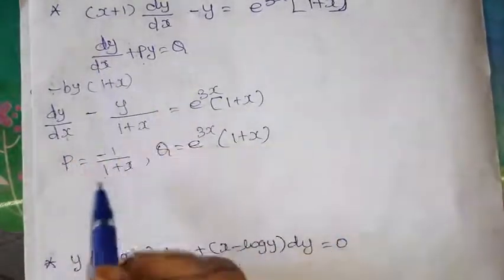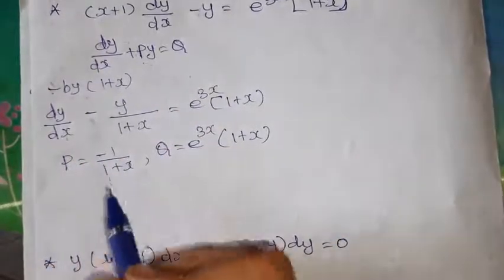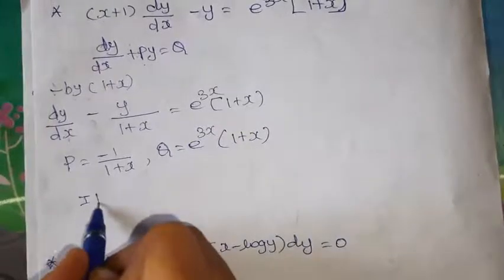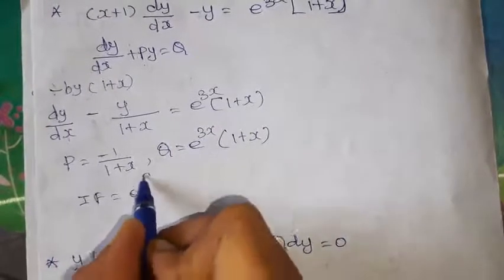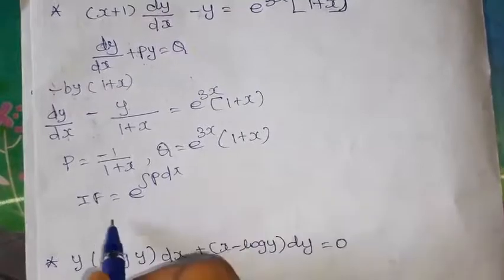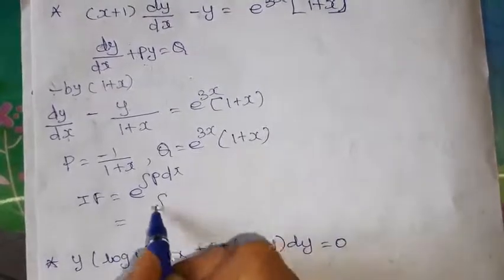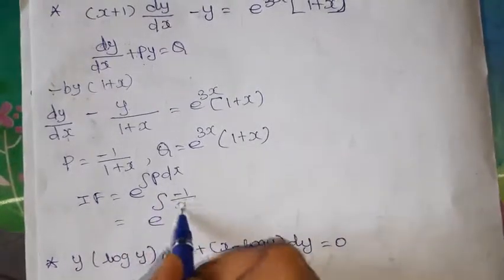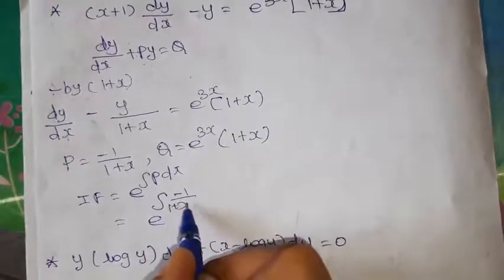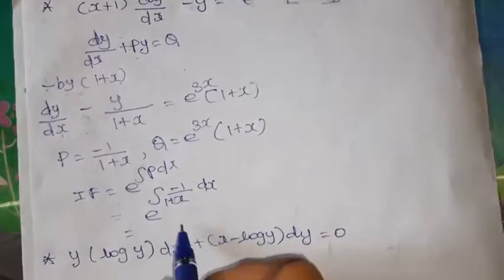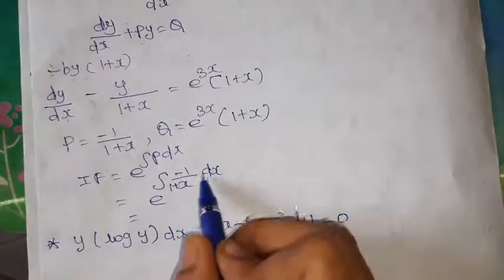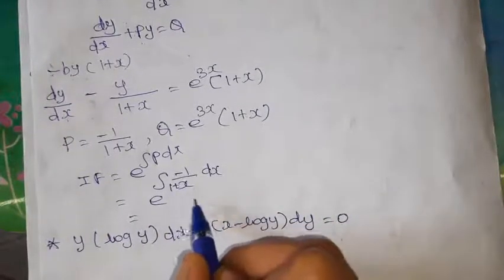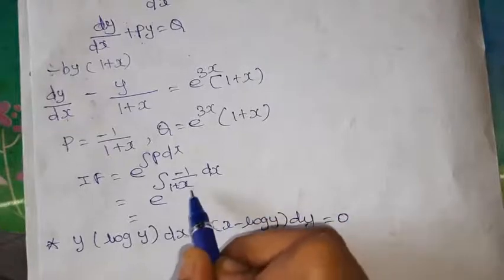So, substitute in this form. What is the integration factor? How to find the integration factor? E power integral P dx. So, what is P here? Minus 1 by (1 plus x) into dx, right? By integrating, what will we get? dx by x is nothing but log x.